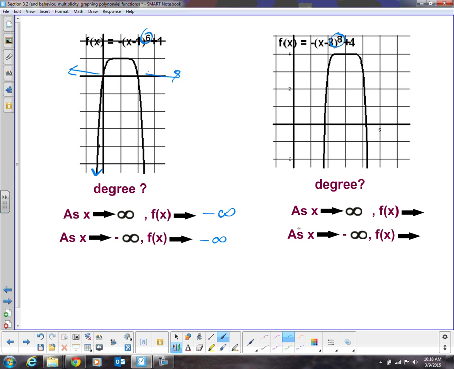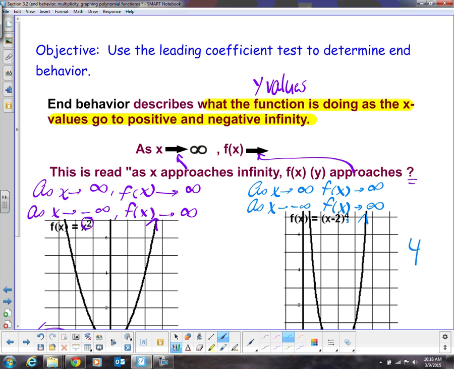Going down. As x goes to the right forever, what are the y values doing? Going down. That's how we say down, negative infinity. As x goes left forever, what are the y values doing? Down, negative infinity. So, no matter which direction x went, what can you tell me about the direction of the y's?